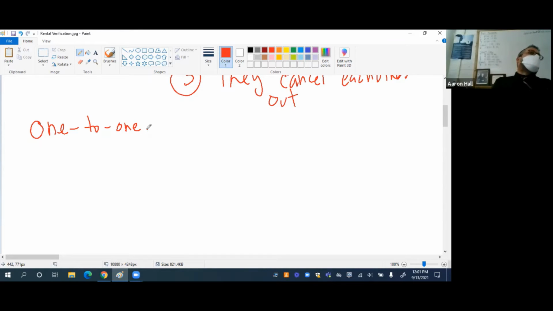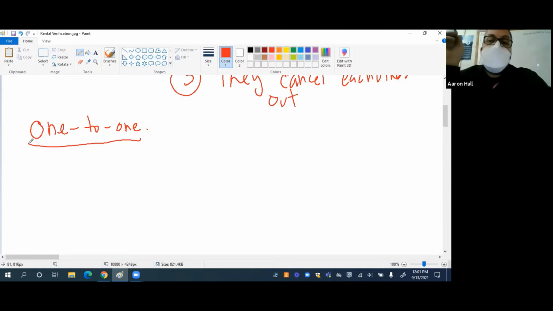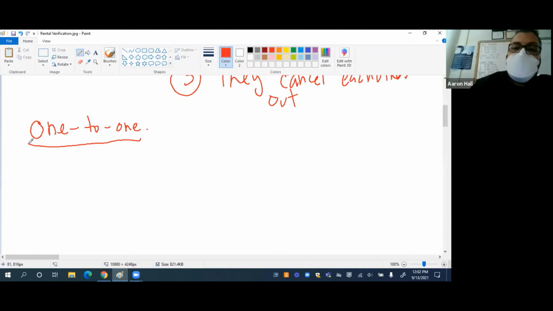For every y value, there's how many x values? There's only one. That's a one-to-one relationship. The point of identifying something as one-to-one is that the inverse is also a function. I'll spell this out first.